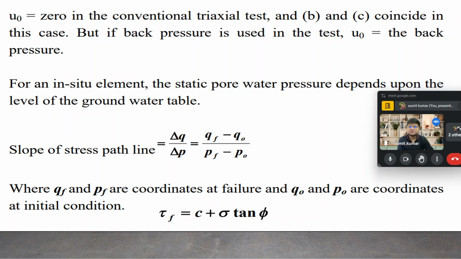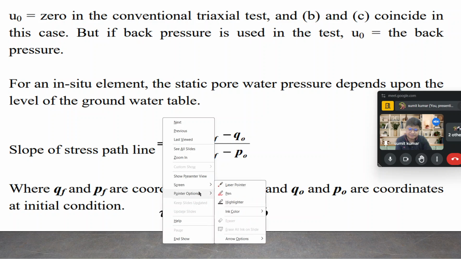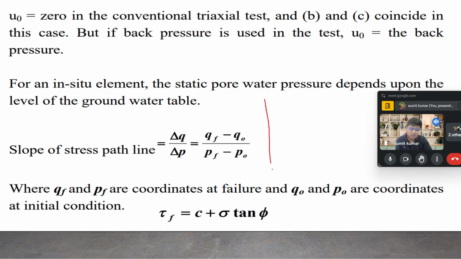The slope of the stress path is given as delta q by delta p, because when we plot this pq graph, with p over here and q over here, there must be a slope, there must be an angle.